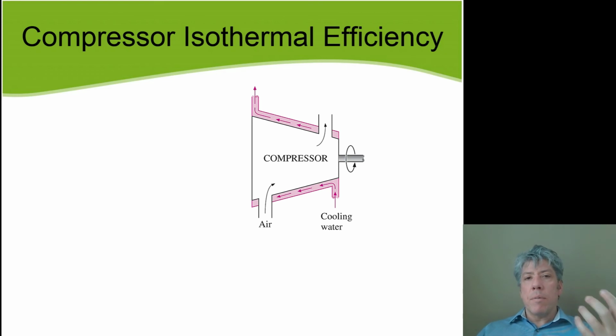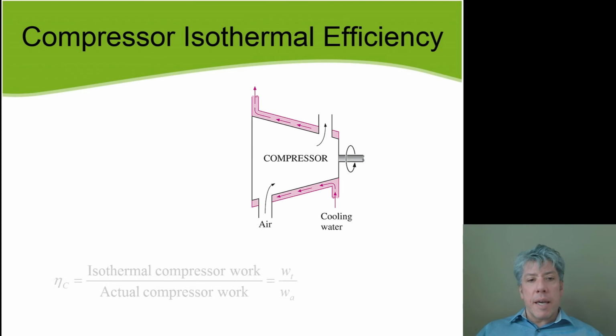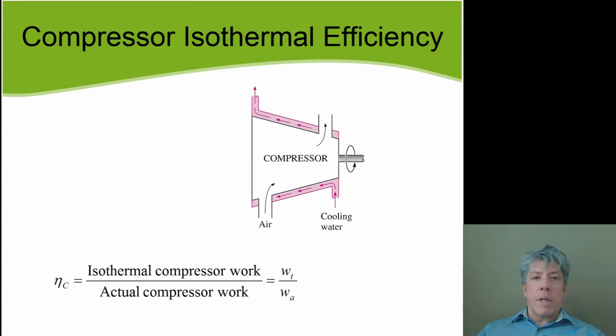Now, compressors are not typically operated isentropically, and so we don't really want to compare them to isentropic behavior. Rather, we can do better by cooling the gas as it moves through. Since that's the case, what we'd like to do is actually use a compressor efficiency that's the isothermal compressor work over the actual compressor work.